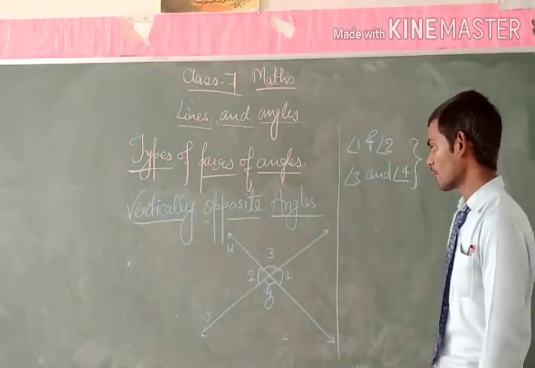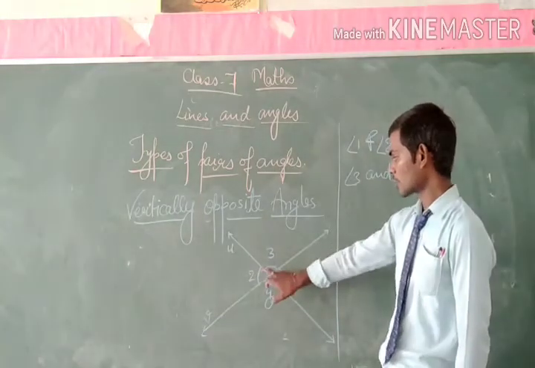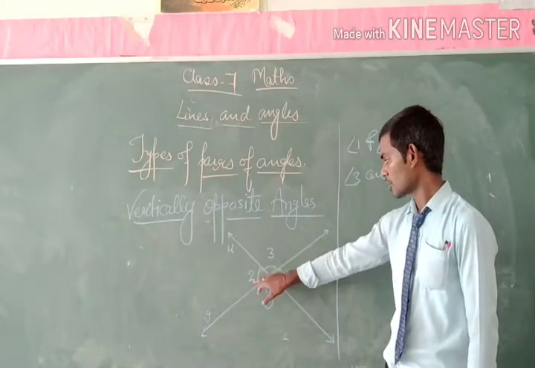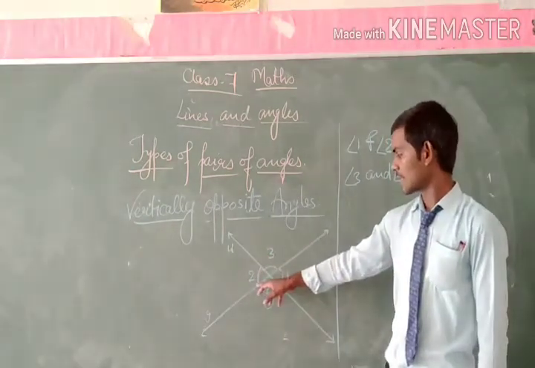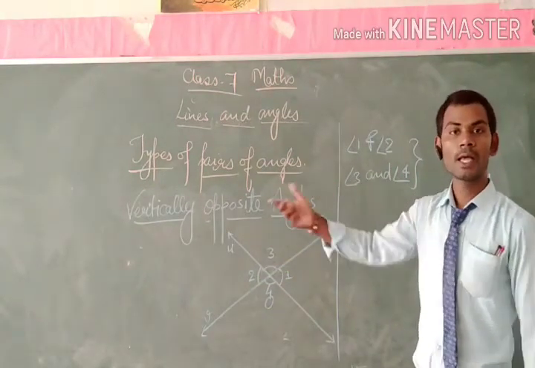In this figure, we can also see that the measure of angle 2 and angle 3 is 180 degrees. So we can say that angle 2 and angle 3 are also supplementary angles.